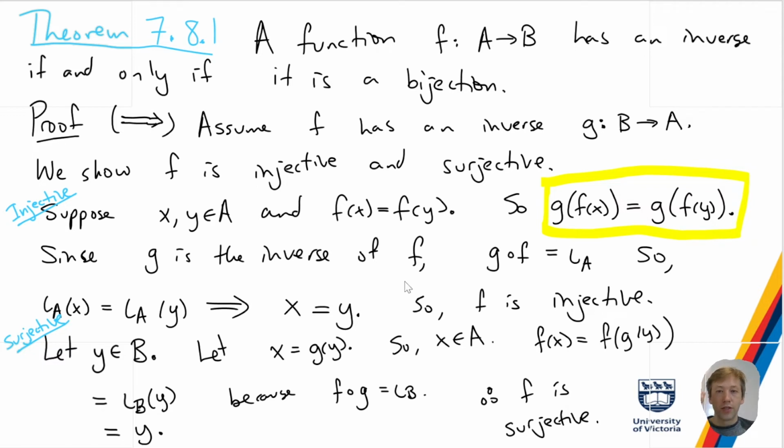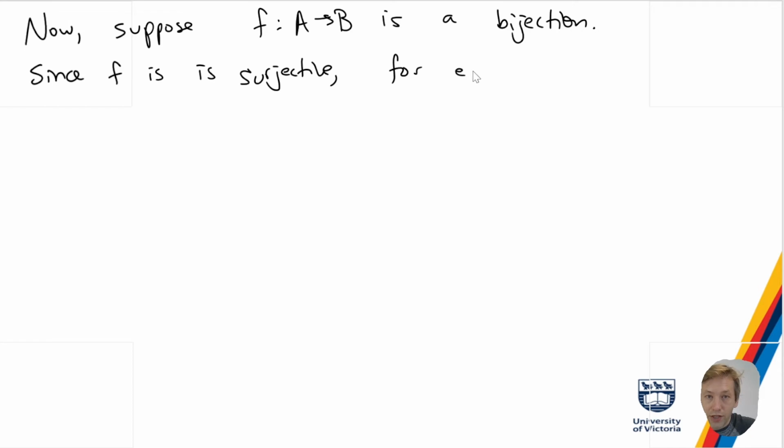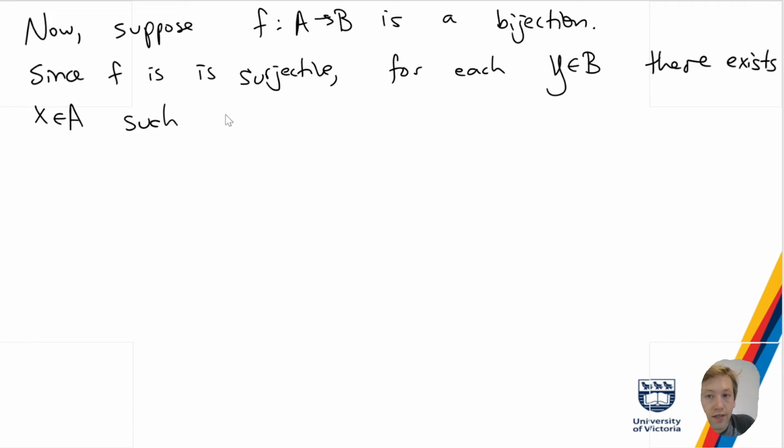So now what we want to show is that if it's bijective, then it must have an inverse. Suppose f is a bijection, and we want to show that it has an inverse. Since f is surjective, for each, let's say, y in B, there exists x in A such that f of x equals y.